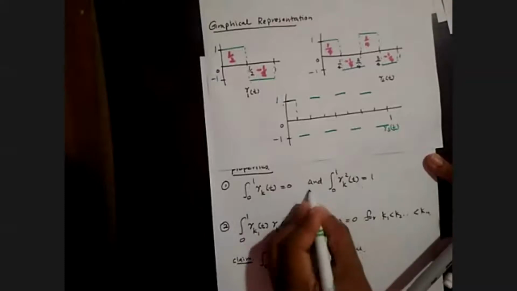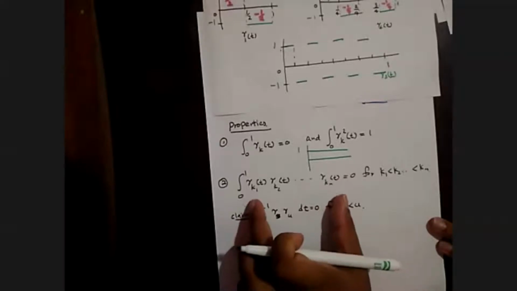Next one: when you integrate the square of the function, you get 1. It's again clear, because R_k alternates between 1 and negative 1, so the square will be just positive 1, so its integral is going to be 1.